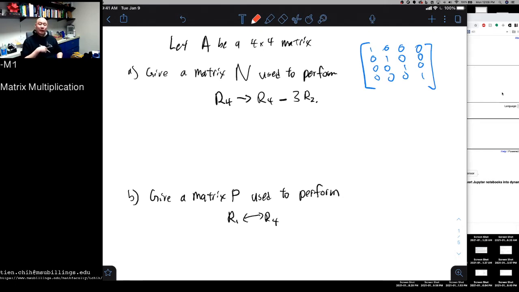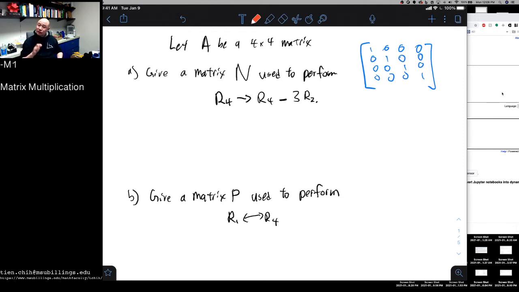And so what we want then is to use this as a baseline for how we construct each one of these matrices. So first things first, I'm looking at the matrix N, where I'm replacing R4 with minus 3 R2 plus R4, basically, right?